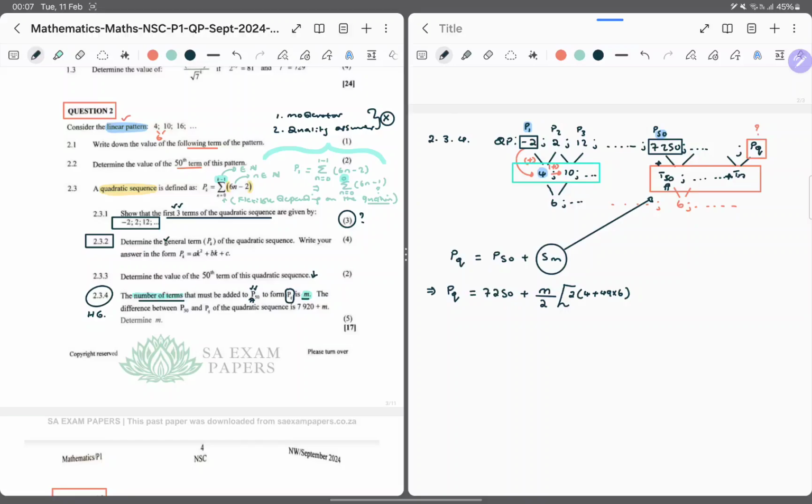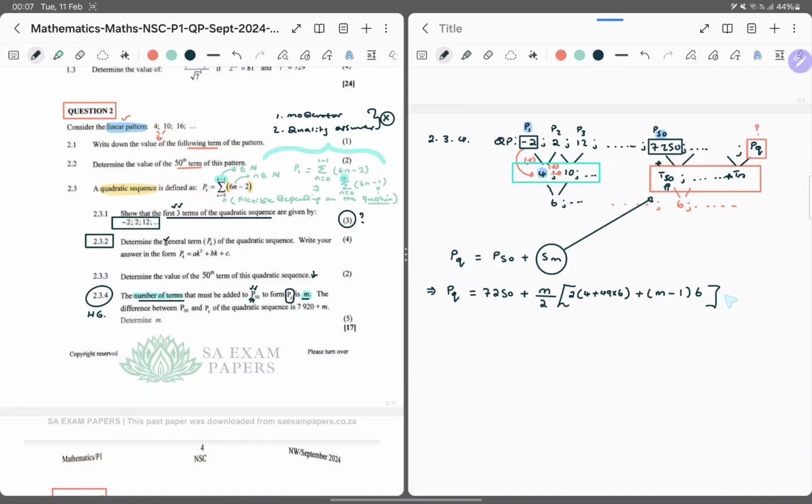Now I'm moving quick because I don't have time to play. Now remember, we're going to say plus, remember that was 2a. So essentially this is going to be m minus 1 times the common difference, which is 6.